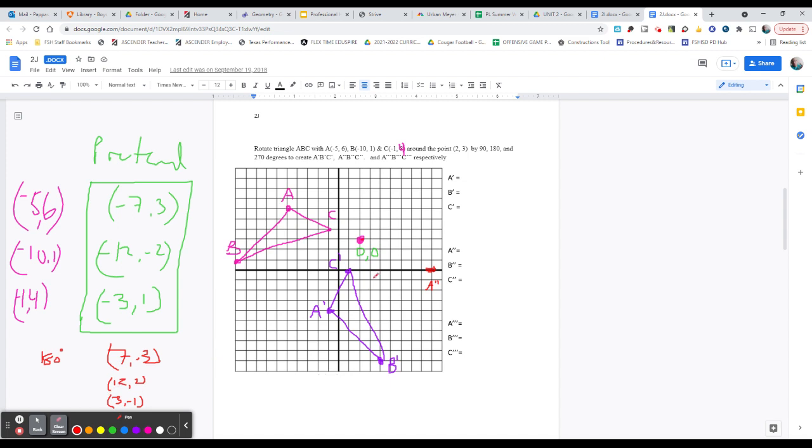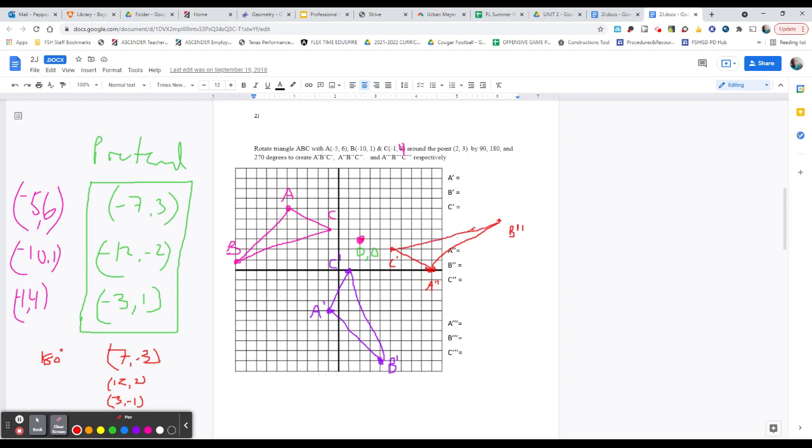Okay, our next point's 12, 2, so we have 8, 9, 10, 11, 12, and then up 2 is going to be somewhere over here. Okay, then our last point is going to be 3, -1 from here. So 1, 2, 3, down 1. There's our C prime. And we kind of went off the grid a little bit.